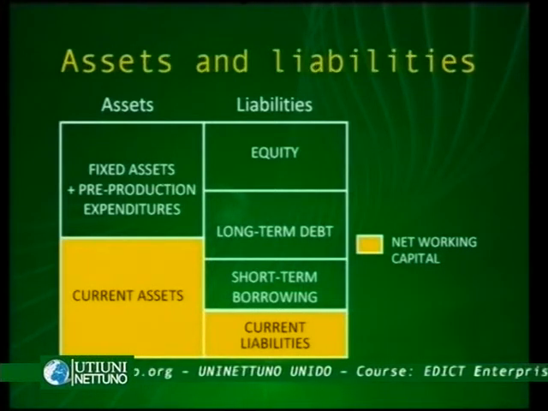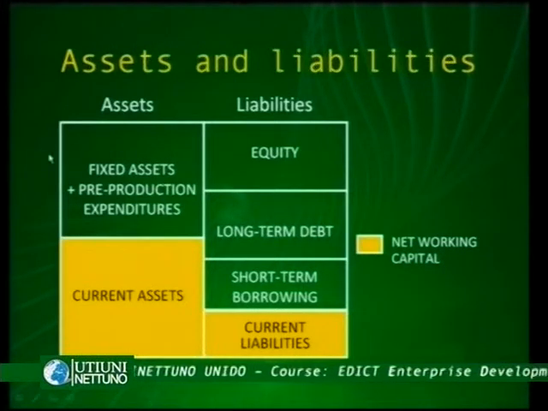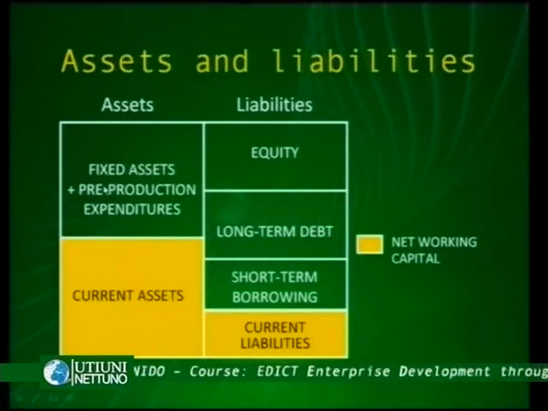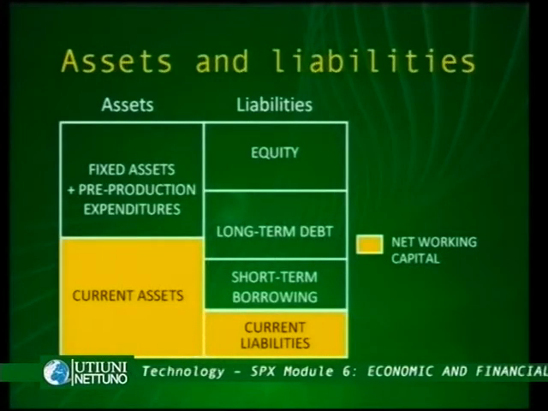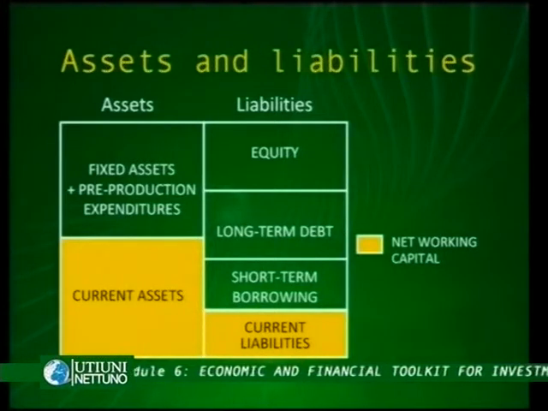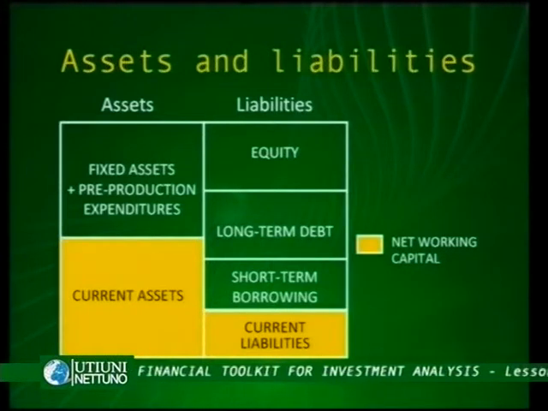So as you can see on the left side, so on the asset side, we find fixed assets and long-term pre-production expenditures. So these are the investments that are typically made at the beginning of a project, and they've already been discussed in the last class. So these assets, having a long-term nature, are capitalized in the balance sheet, and they are then depreciated year by year.